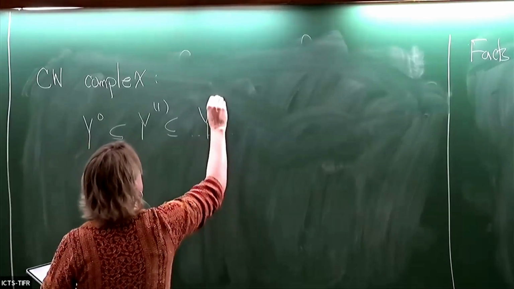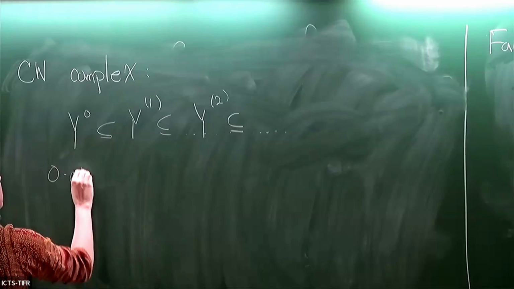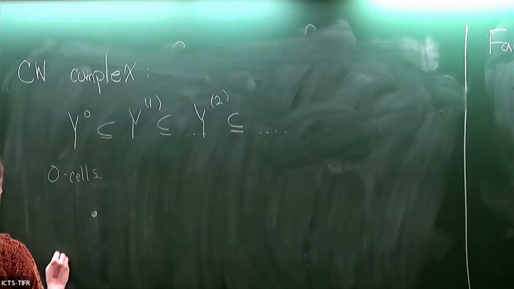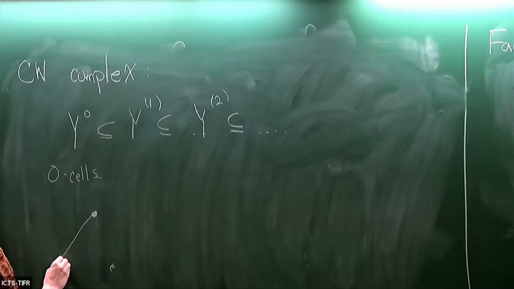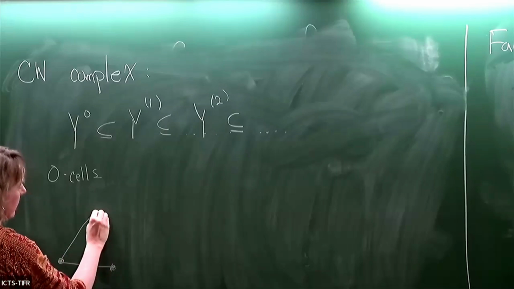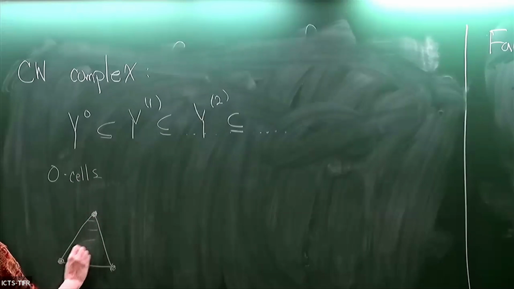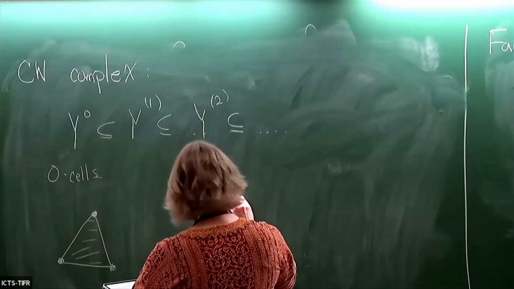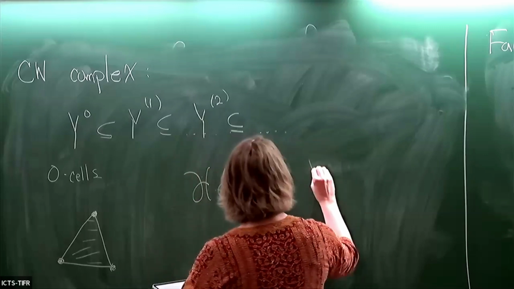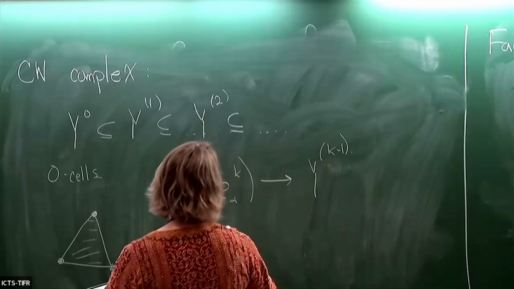I'll do the 2 cells, and I can keep going. So I take some 0 cells, which are just points. And then I take some 1 cells, which are just intervals. And I glue them to the 0 cells, and then I glue in a disk, okay, to make a cell complex. Where the boundary of E alpha k is going to glue to Y to the k minus 1. You inductively build it up. I'm going to have continuous attaching maps.